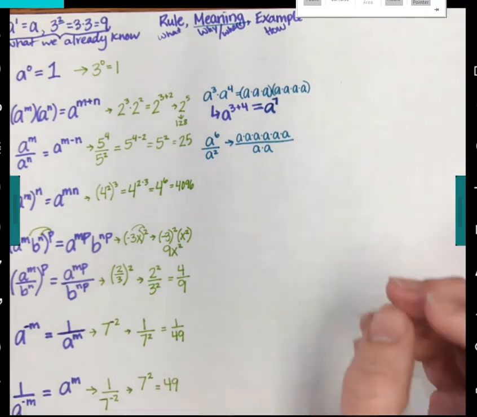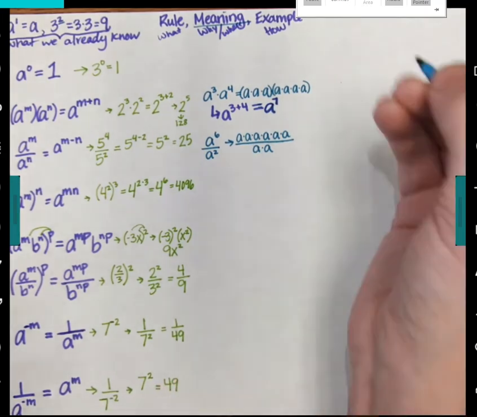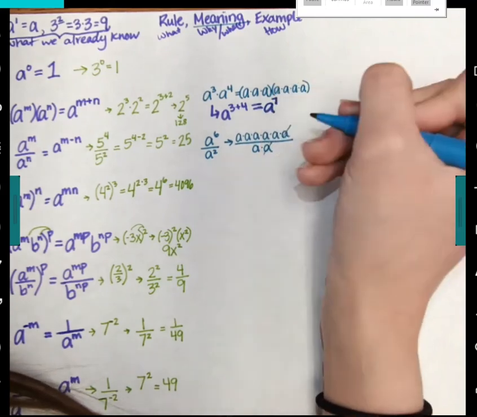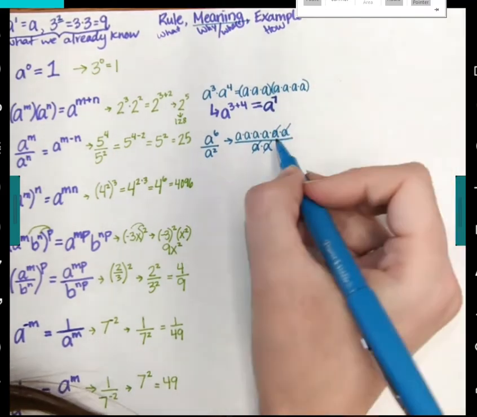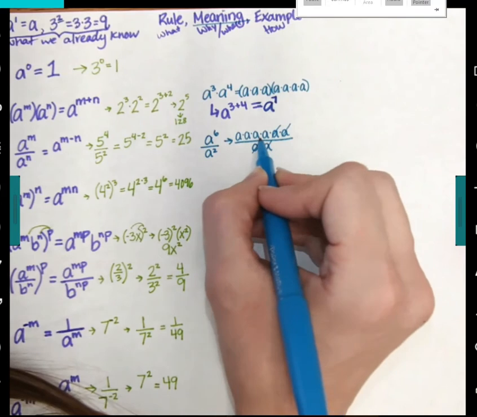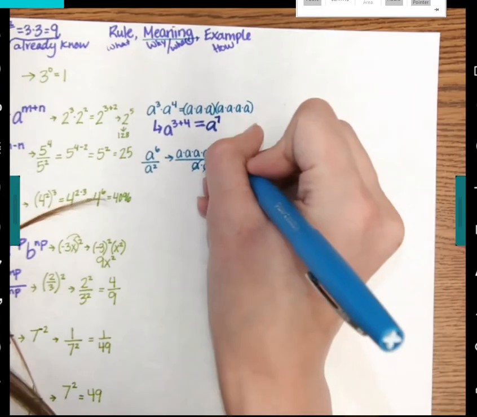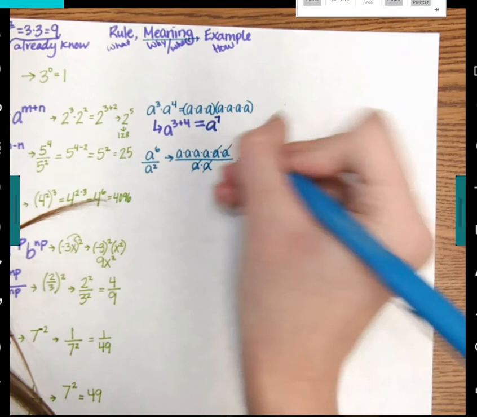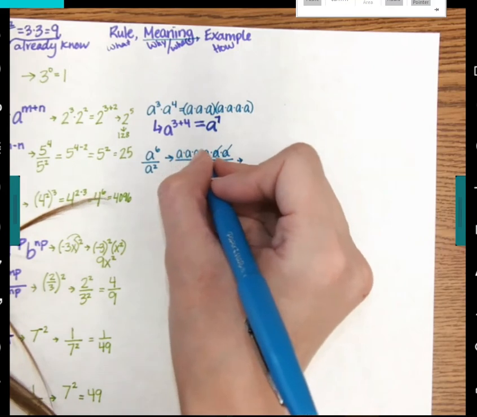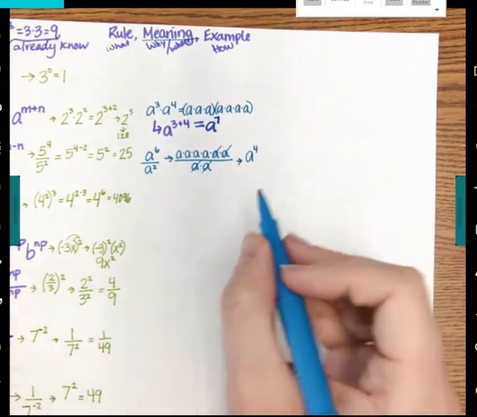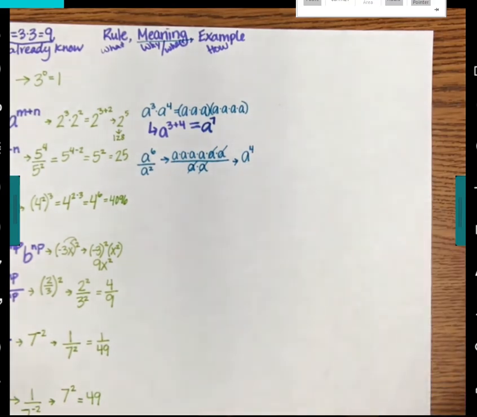So 3 divided by 3 is 1. It cancels. So here we can cancel top to bottom, top to bottom. There's nothing else to cancel on the bottom. We just have this left on the top, a to the 4th. Everything canceled on the bottom, so that would just be divided by 1, which we don't need to write because that's unnecessary.